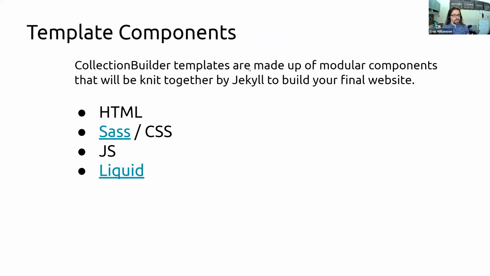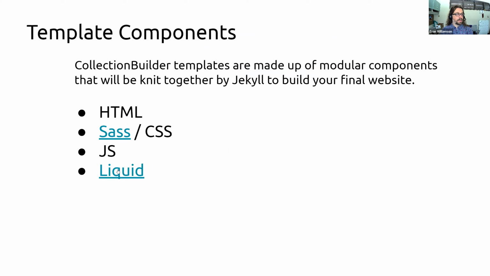And so the template is just a whole bunch of modular components, and those are going to be knit together by Jekyll to build out your site. And so the components are made up of the basics of the web: HTML, CSS, and JavaScript. And then Jekyll's letting us do a couple other extra things here. We can use Sass, which is a way to write CSS in an easier, more programmatic way.